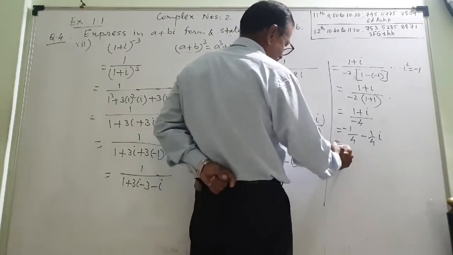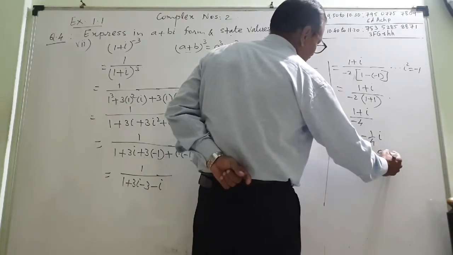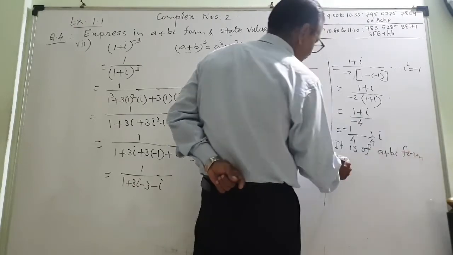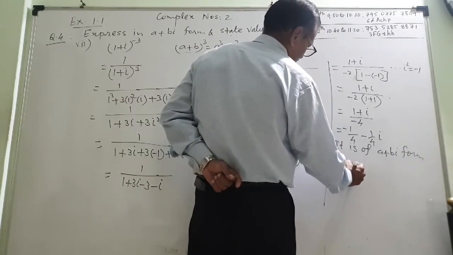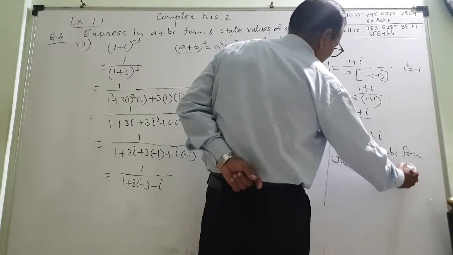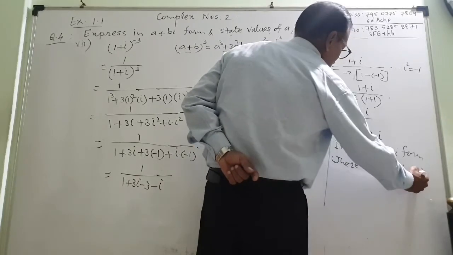It is of the form a plus bi, where a is equal to minus 1 upon 4 and b is equal to minus 1 upon 4. This way you have to write the answers.